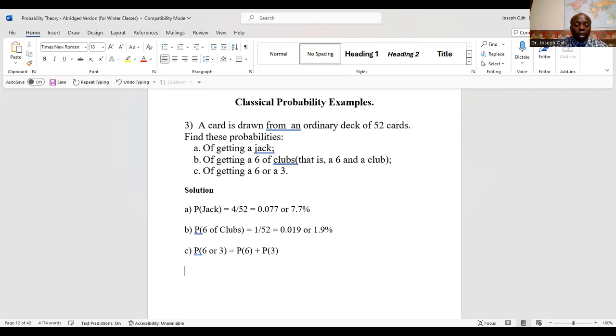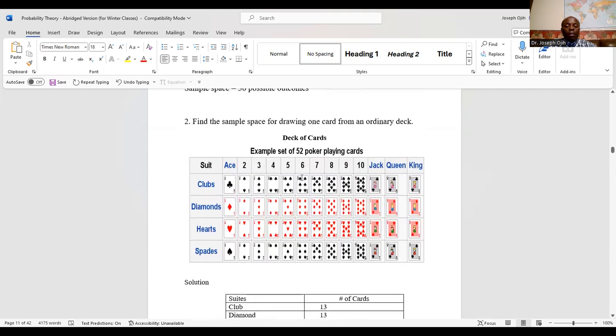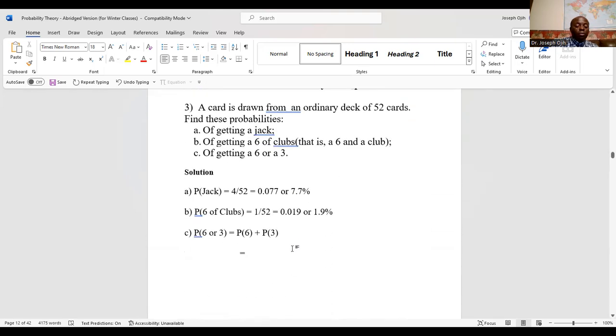What is the probability of getting a 6? Go to the chart. This is 6. How many cards have number 6 on them? We have 1, 2, 3, 4. I mean, 4 out of 52 cards have 6 on them.